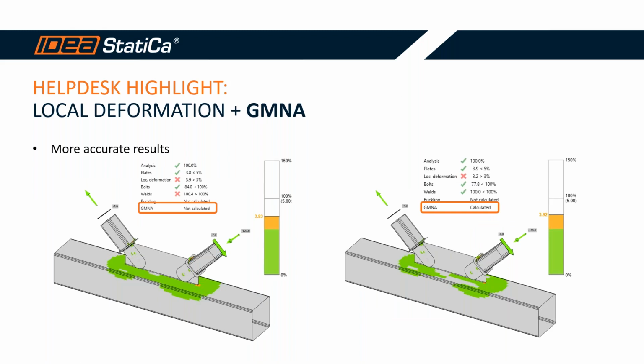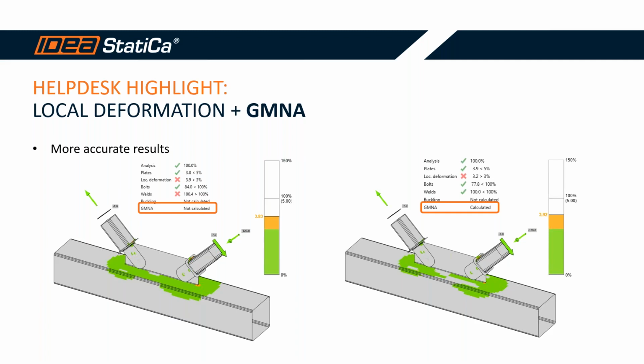And this geometrical and material nonlinear analysis is performed by default if the bearing member has a hollow cross-section. So when a hollow cross-section member with high slenderness is chosen, this analysis provides more accurate results than the usual analysis does.